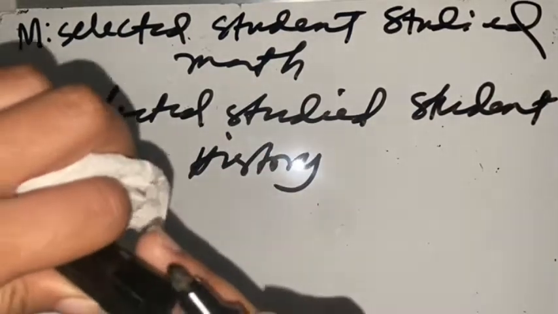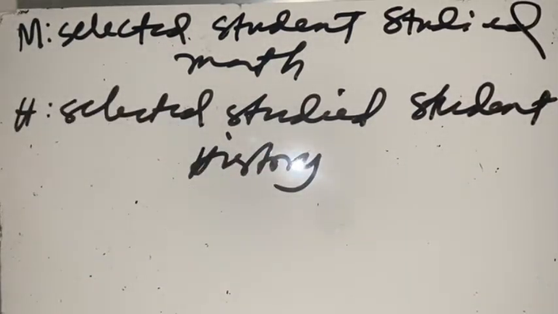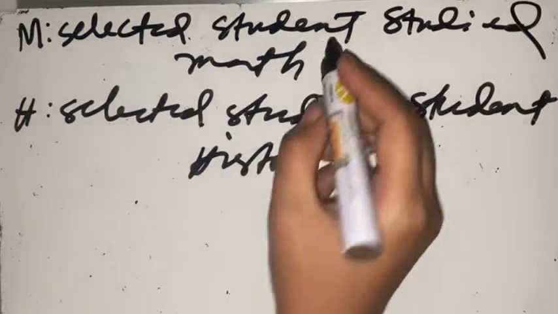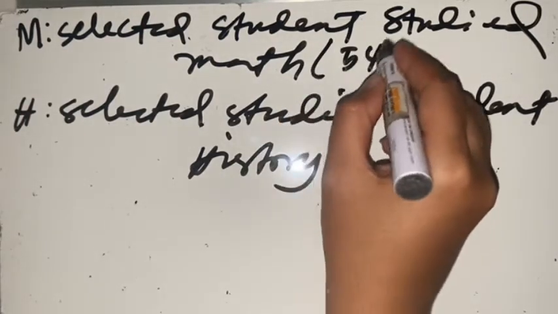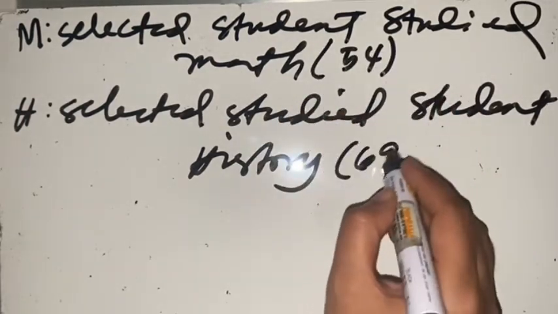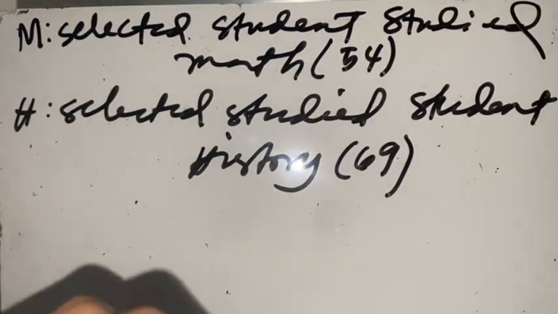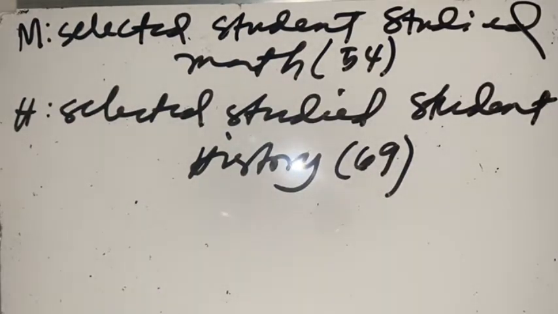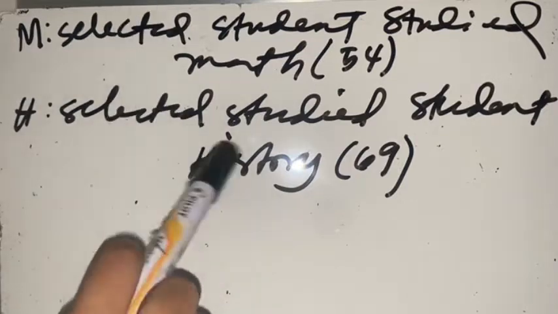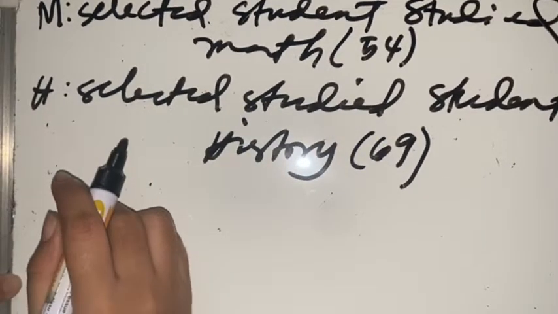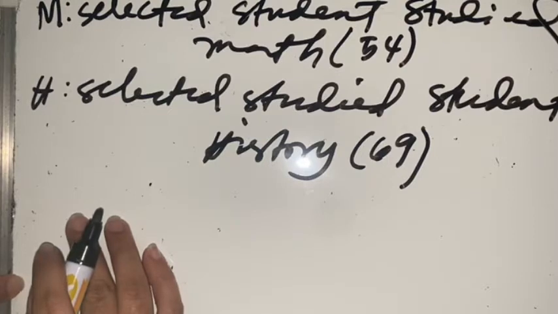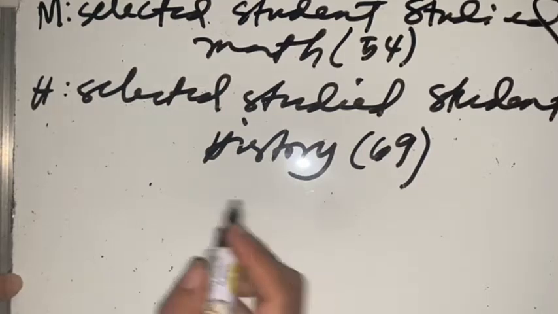It is given that 54 students studied math, 69 studied history, and 35 studied both math and history. So let's first find the probability of selected students who studied mathematics.